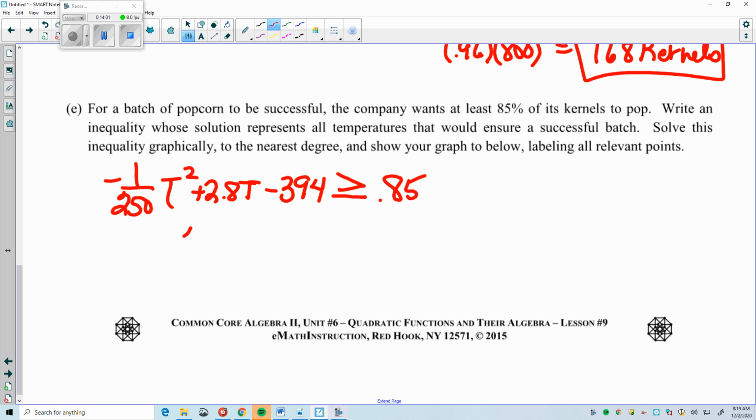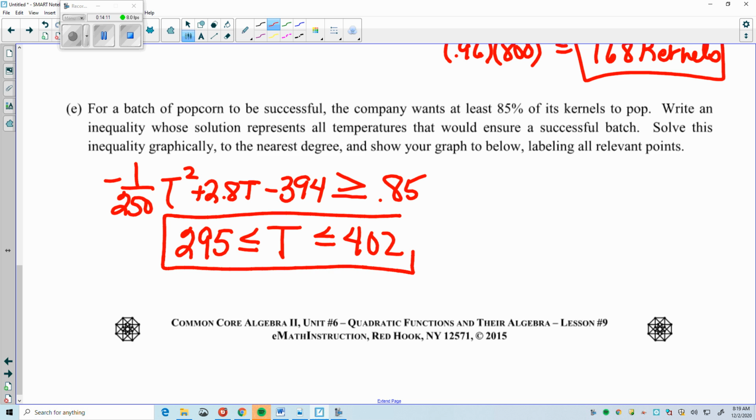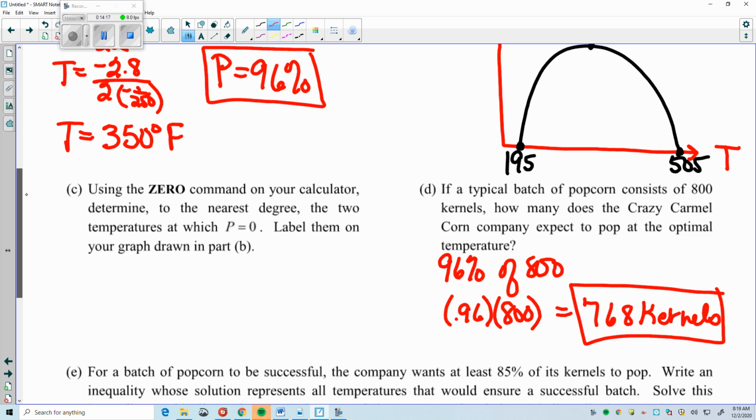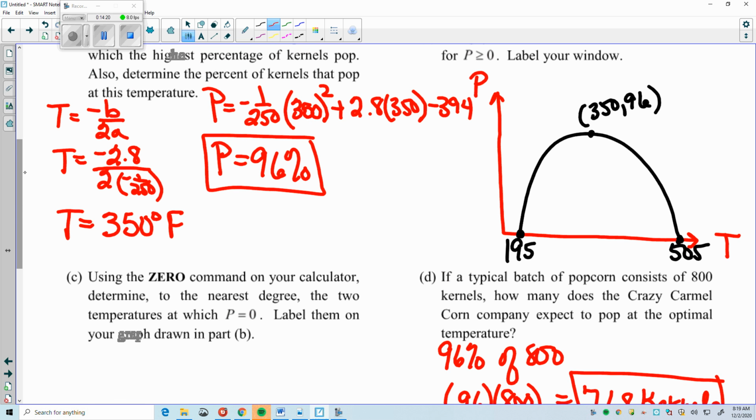So our inequality, I could say something like 295 would be less than or equal to t, which is less than or equal to 402. So this would be our inequality, our solution. And then it says we want to show it graphically. Well, I'm going to go back up here to our graph since we already have that done. What I'm going to do is add in that equation, y equals 85. Keep in mind what we have.